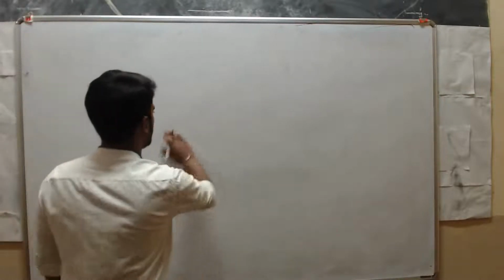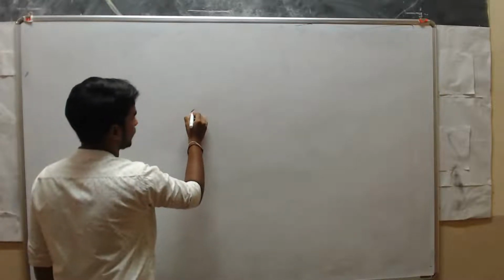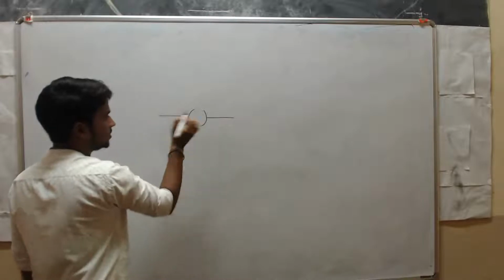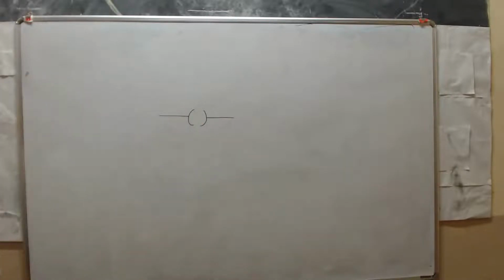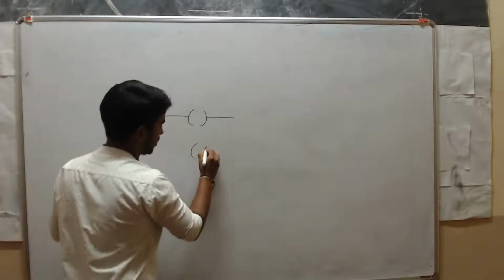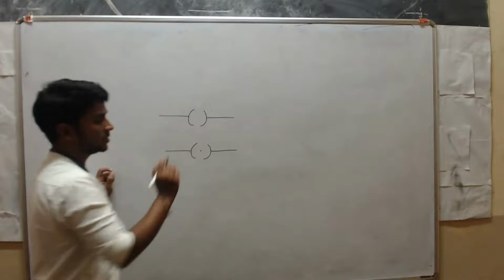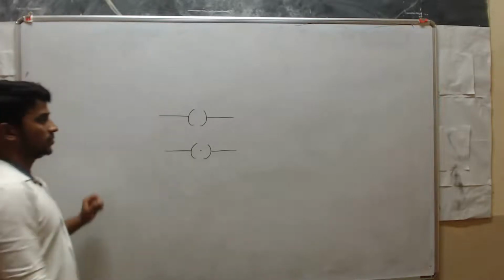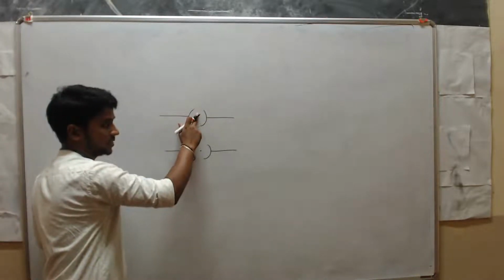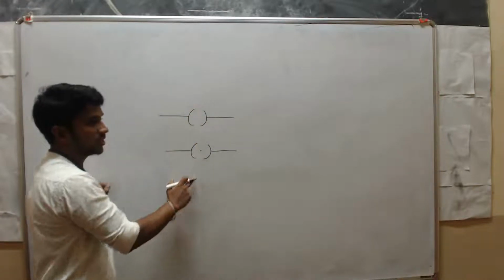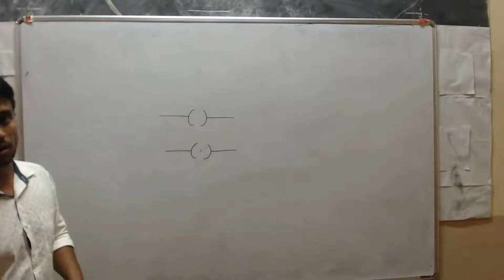Next one, plug or switch, the electric switch. If you draw like this, it is an open switch. If you put one dot here, then we call this a closed switch. The open switch represents the button turned off, and the closed switch means the button is turned on.